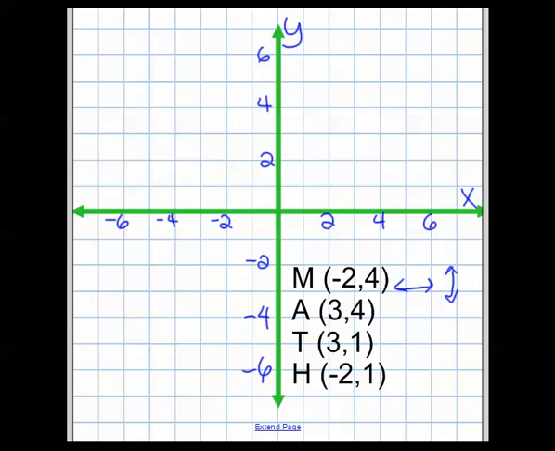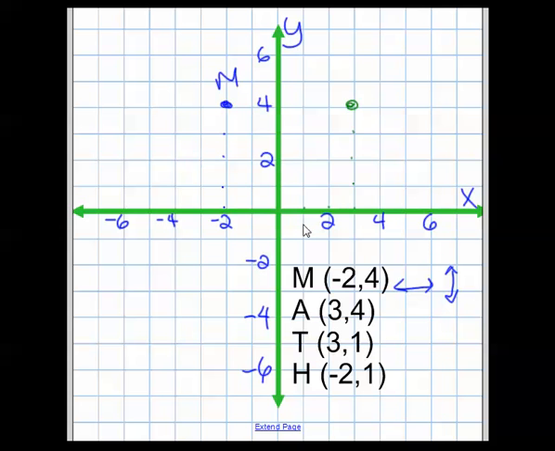So for point M, let's go over to negative 2, and let's go up to positive 4. So that would be a dot right here. Let's label that point M. Again, I went over negative 2, and I went up to positive 4. Point A is going to be all the way over here at 1, 2, 3 over, and then 1, 2, 3, 4 up.